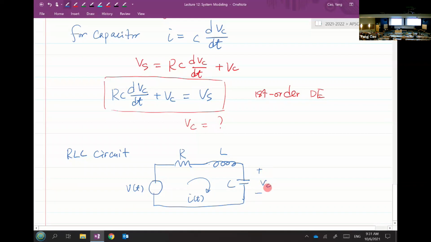So we added an inductor here, which becomes an RLC circuit.